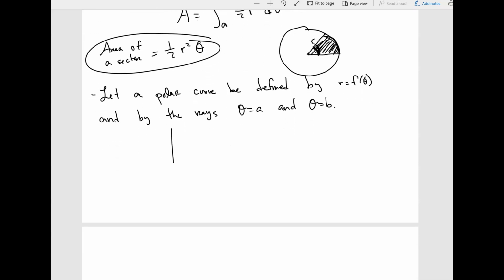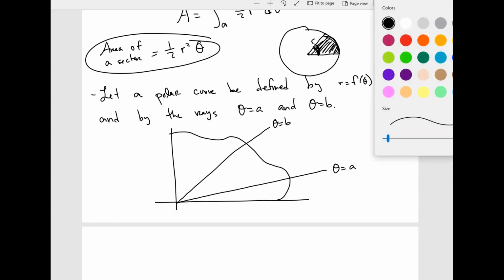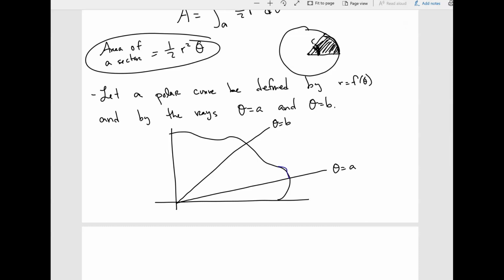So let's say this is my polar curve, and it can be anything. You want to find the area from one angle, theta equals a, to theta equals b. All of this area that we have here is the area that we want to find.